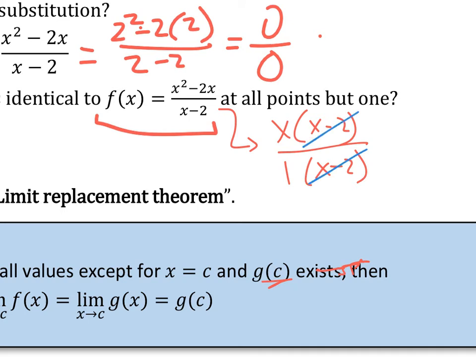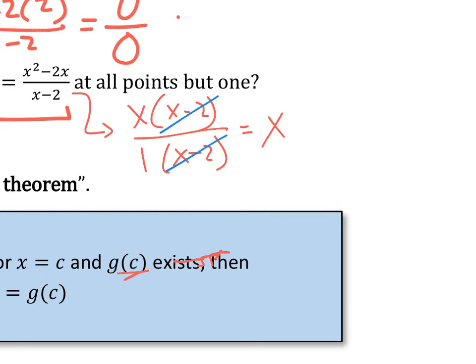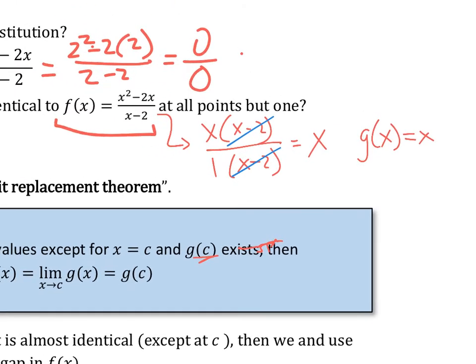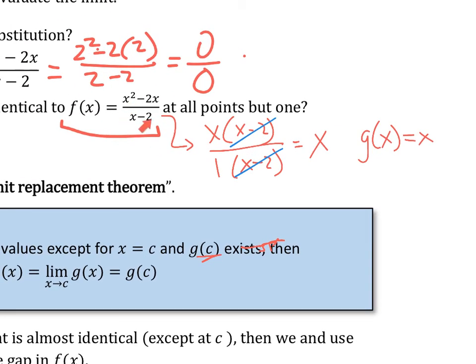Now, I'm changing the function here. So I'm simplifying it here to x. So this really is a different function now. So we'll call it g of x. And so the idea is these are identical at all but one point. 2 is a problem here. You cannot plug in 2 here. 2 is not a problem here.